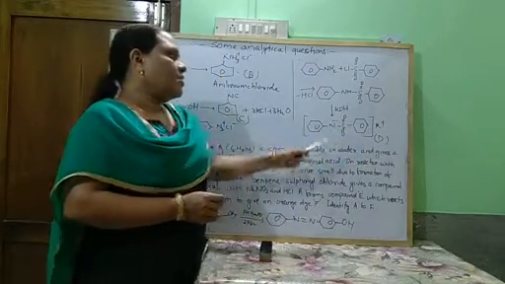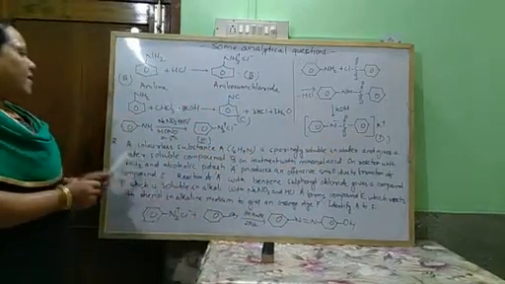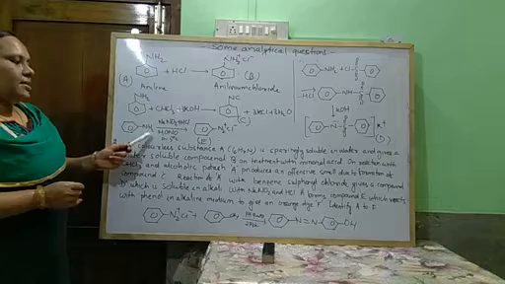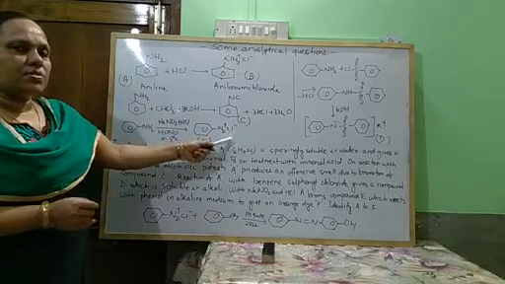This one is D, potassium salt of N-phenyl benzene sulfonamide, and again aniline treated with nitrous acid forms benzene diazonium chloride.